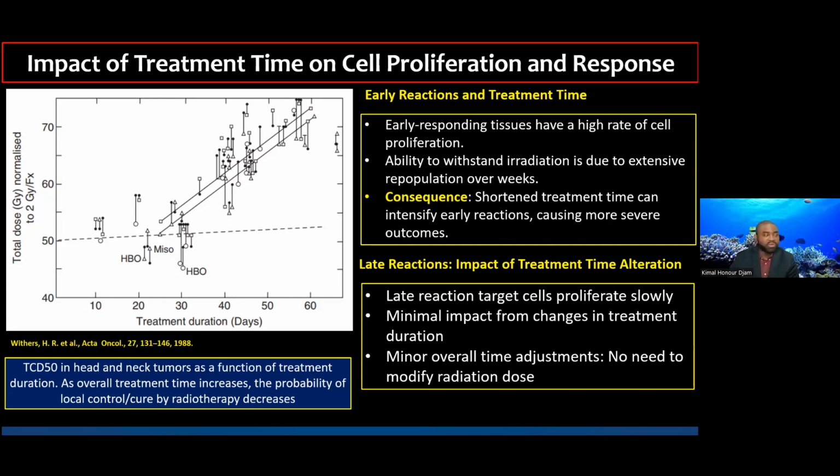Now, from the previous graph, repopulation doubling time is typically under about 7 days. What this implies is that treatment time, depending on the repopulation time for that particular tumor, is very pivotal if we want to enhance local tumor control.